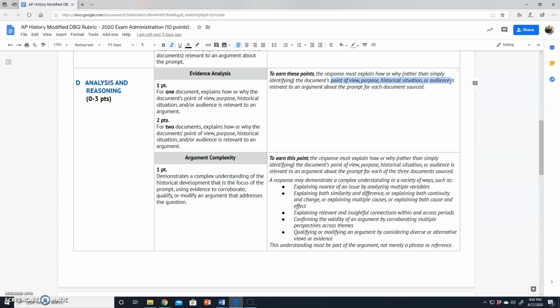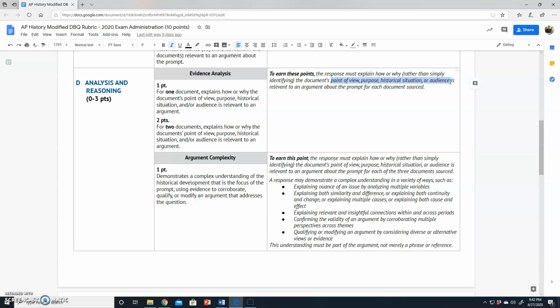You have to explain the point of view of the author. You could explain the purpose and why he is writing it. You could explain the time period. Is there something going on in that time period? A reason why he's saying what he's saying or she's saying what she's saying. Or is there an audience? Are they a court official talking to a king?